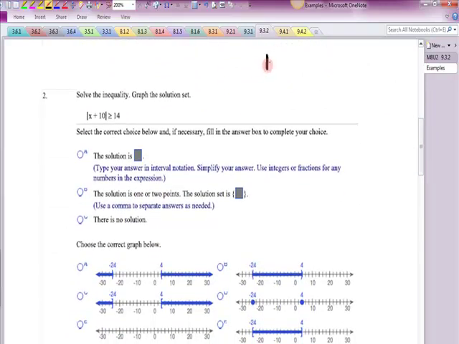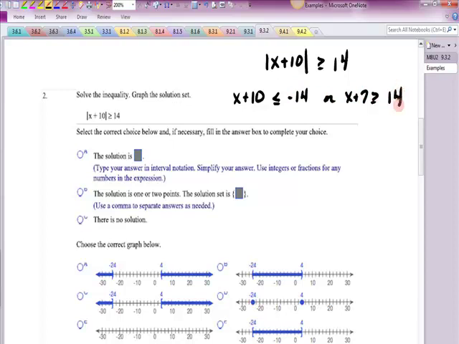We have absolute value x plus 10 greater than or equal to 14. That means x plus 10 is less than or equal to the negative, or x plus 10 greater than or equal to the positive. Less than the negative, greater than the positive.